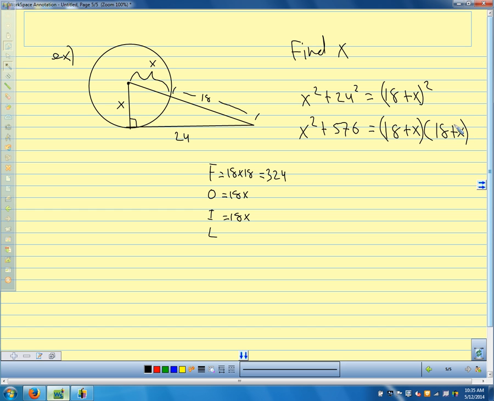And the last, x times x, equals x squared. And I add all of these together. So I get x squared plus 576 equals x squared, 18x plus 18x is 36x, and then plus 324.